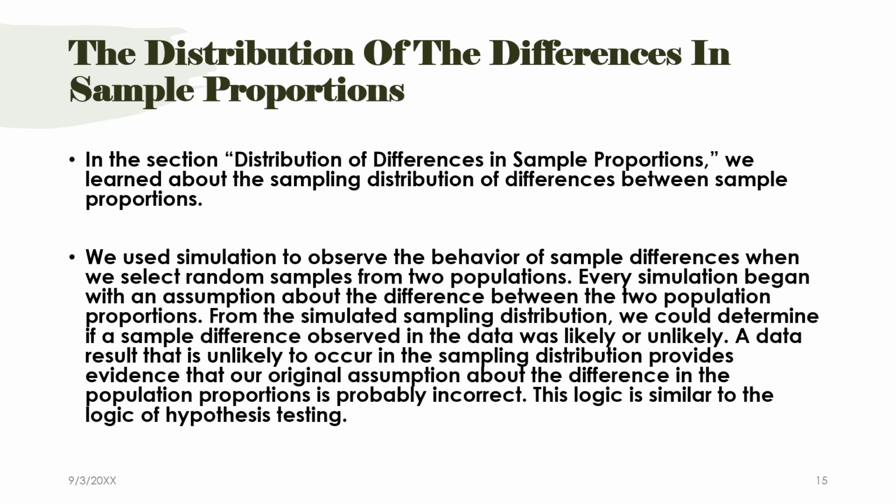From the simulated sampling distribution, we can determine if a sample difference observed in the data was likely or unlikely. A data result that is unlikely to occur in the sampling distribution provides evidence that our original assumption about the difference in the population proportions is probably incorrect. This logic is similar to the logic of hypothesis testing.